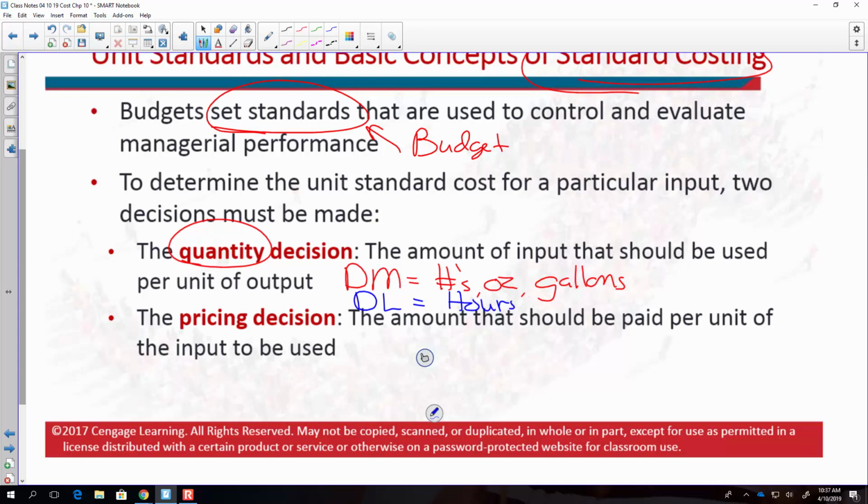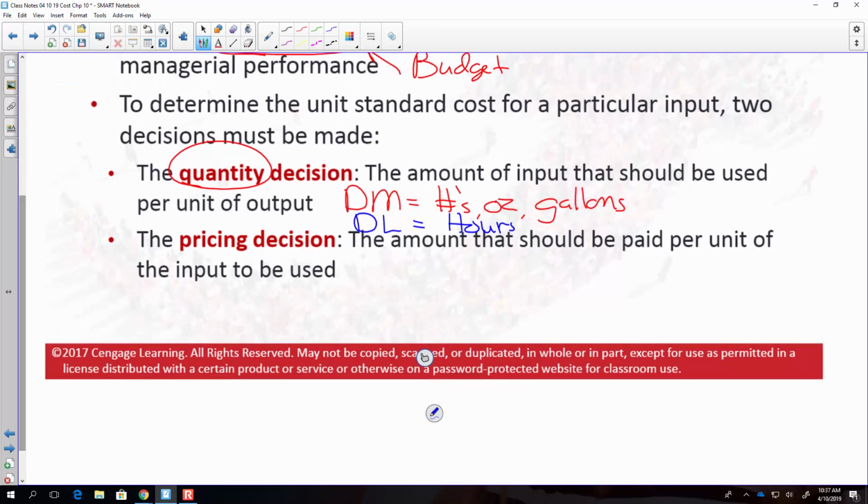What is that standard for that operation. Secondly, our other standard we're going to be dealing with on the material side is purchase price, right? And on the labor side, we are going to look at hourly rates. For, again, two of our product costs, we have material and we have labor. So that's all we're going to concentrate on in this particular chapter.